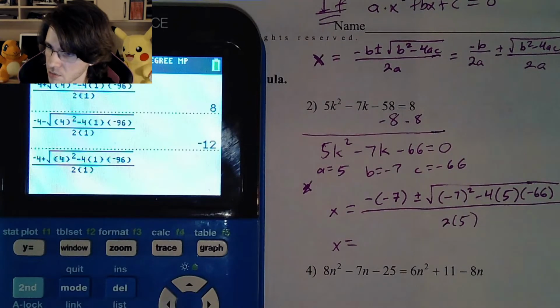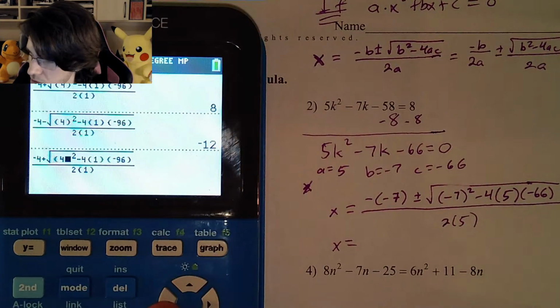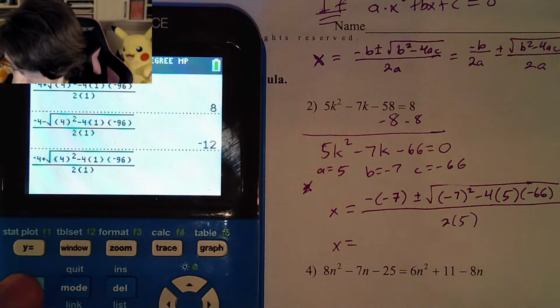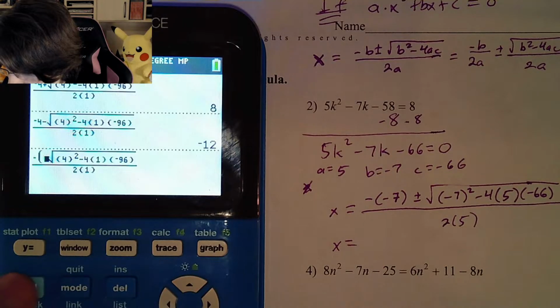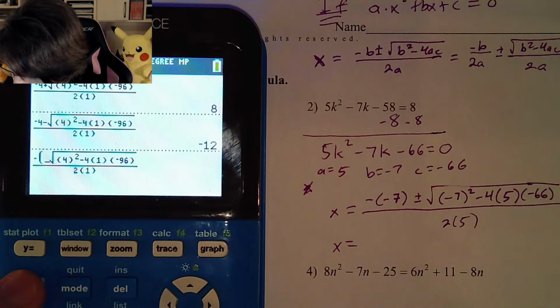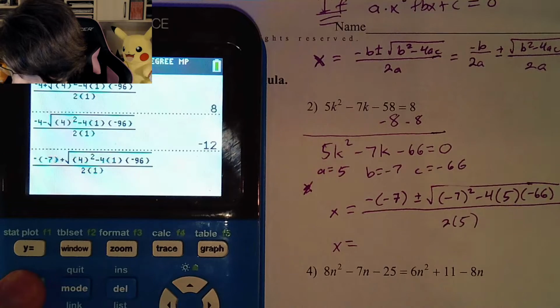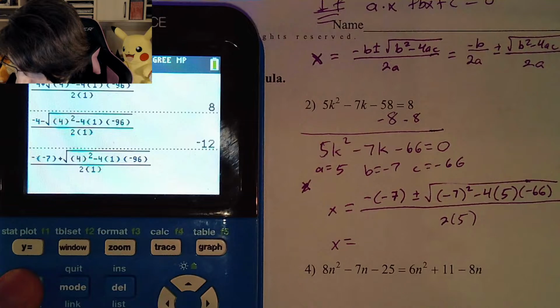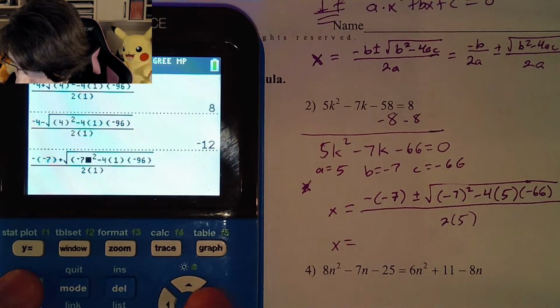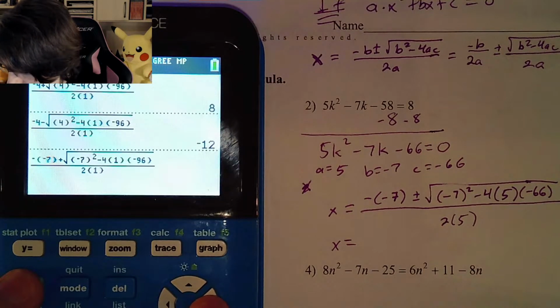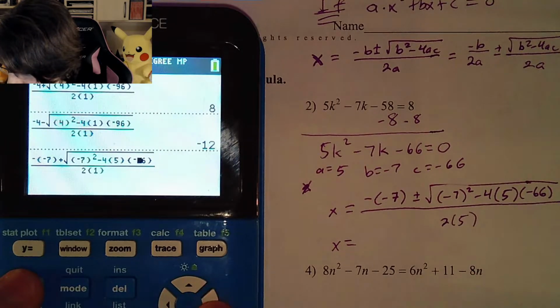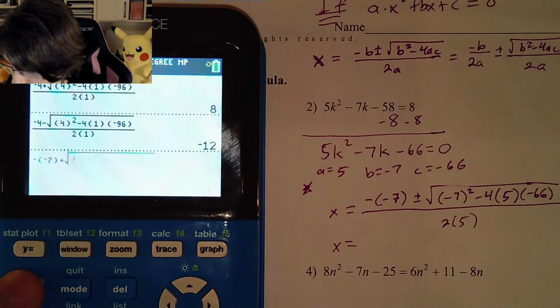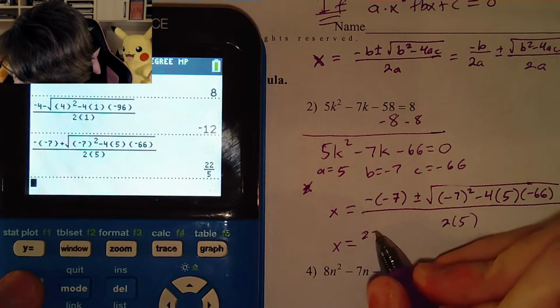So we're going over here, and we are replacing every single one of these 4s with a negative 7. You don't have to do it this way. So second insert, negative 7, parentheses, boom. So again, I'm just typing in as it appears, insert, undo the insert, negative 7 minus 4 times what is, A is 5, this is negative 66, and A is 5, and we have x is 22/5.